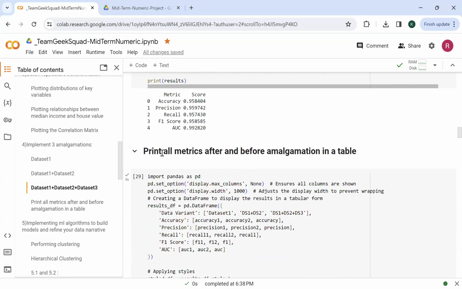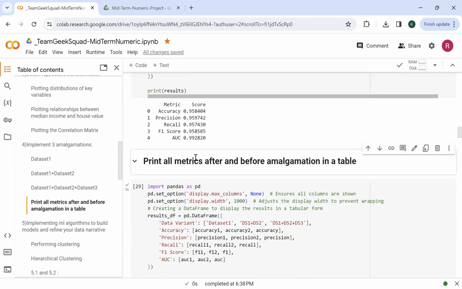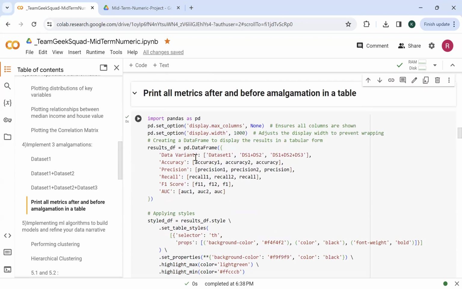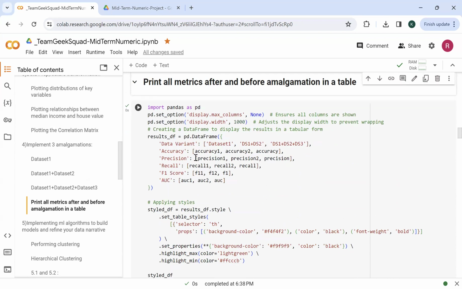Now let's print all the metrics here, after and before the amalgamation, so that we can compare the performance of the model before and after adding new features, after adding new columns to the datasets by the amalgamation.